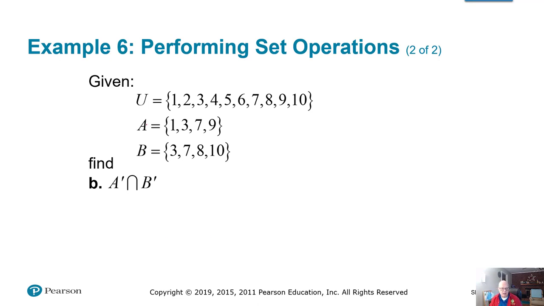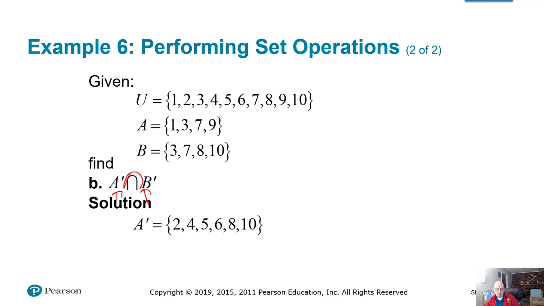Another one to check out. Now, the first thing you have to do is figure out what are the inside operations. Well, if you look at this intersection, you think, okay, what do I take the intersection of? Well, I don't have them yet. I have to figure out what A complement is and what B complement is before I can take the intersection of the two.